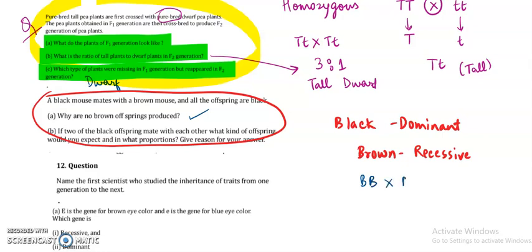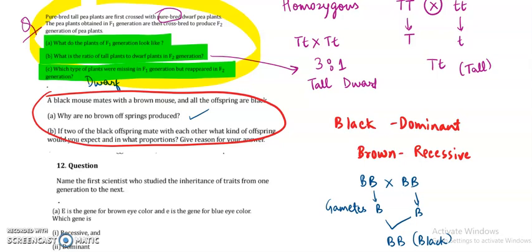So when two blacks are crossed together, we would be getting gametes as B here and B here. So when they fuse together, it will produce capital B, and all the offsprings will be black. So please do give the cross and what kind of offsprings you would expect and in what proportion.